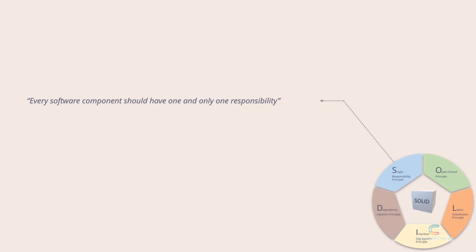In place of the term responsibility, we are going to put a new phrase, reason to change. So now it reads, every software component should have one and only one reason to change. These are the words that Robert "Uncle Bob" Martin uses in his book to define the single responsibility principle.